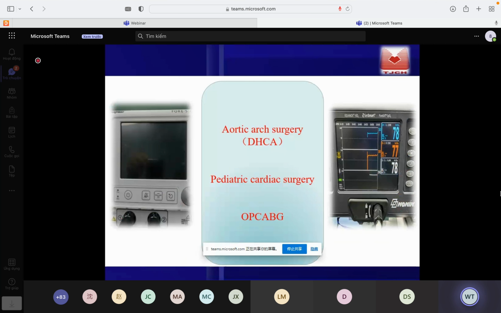From the very beginning, cerebral oxygen saturation was first used in aortic arch surgery, which requires deep hypothermic circulatory arrest and cerebral perfusion in order to reduce postoperative complications. After that, cerebral oxygen saturation monitoring was applied to complicated pediatric surgeries in our department.